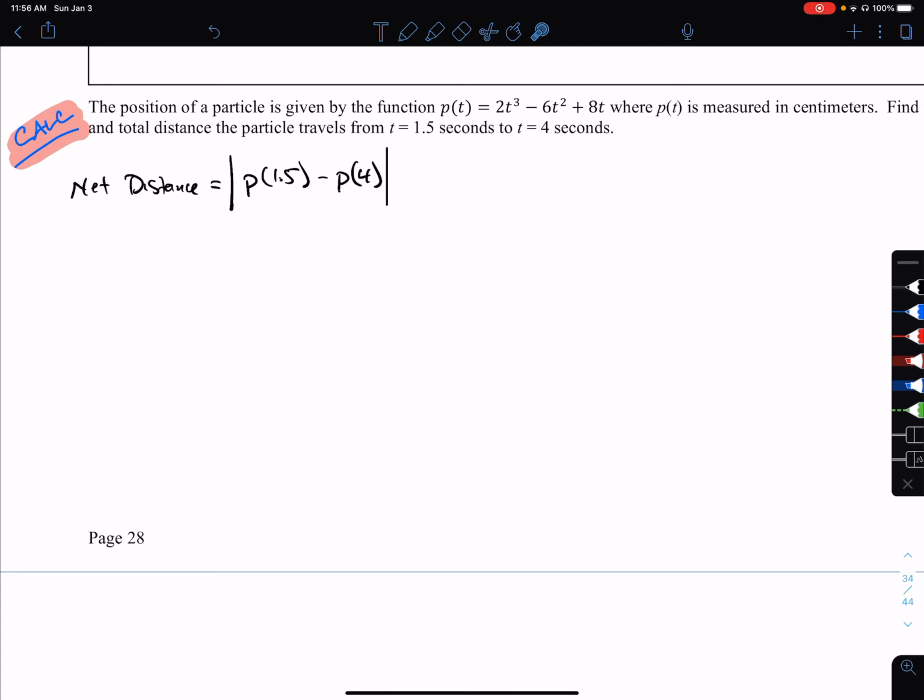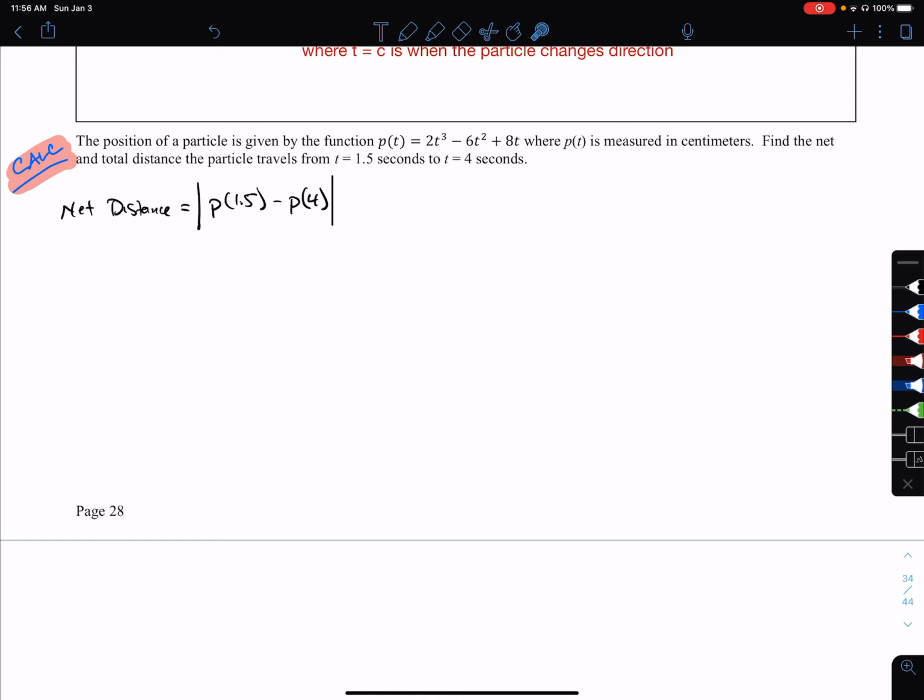If you were to put into your calculator 2 times 1.5 cubed minus 6 times 1.5 squared plus 8 times 1.5, minus putting 4 in for those, you would end up with this net distance of being 58.75 centimeters.